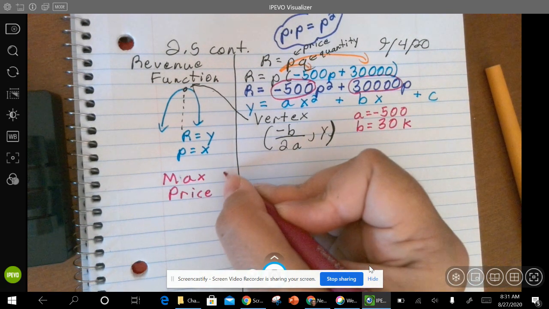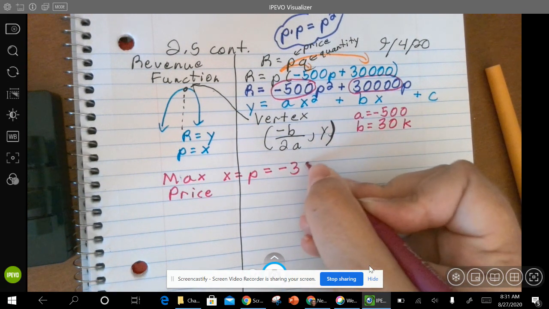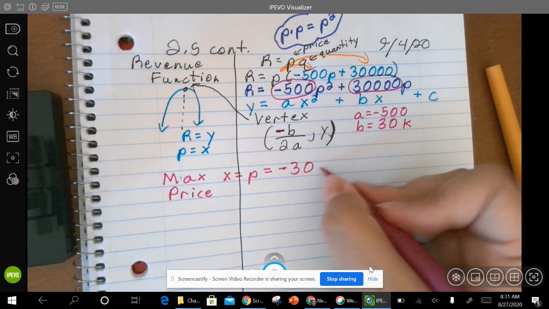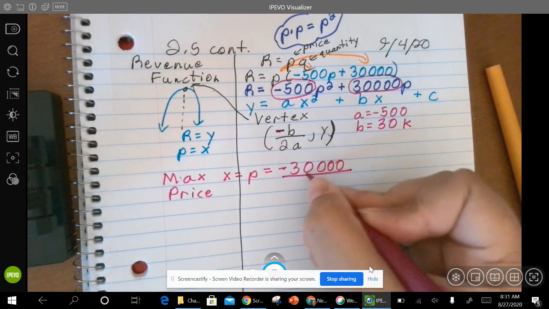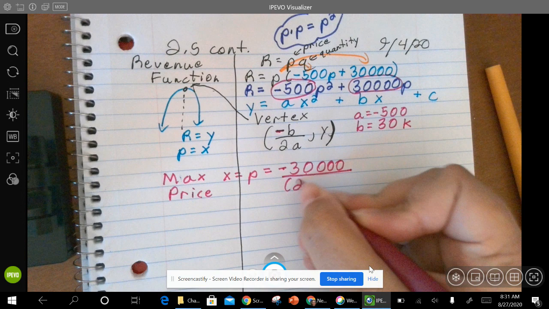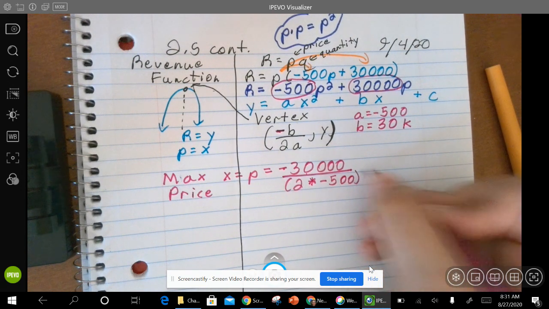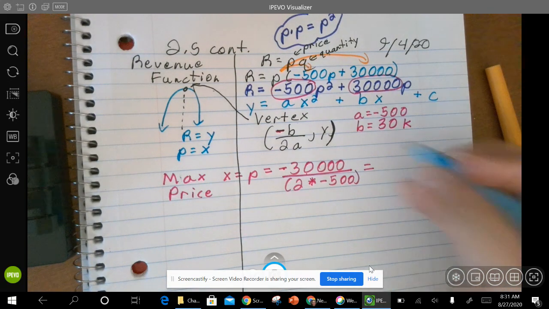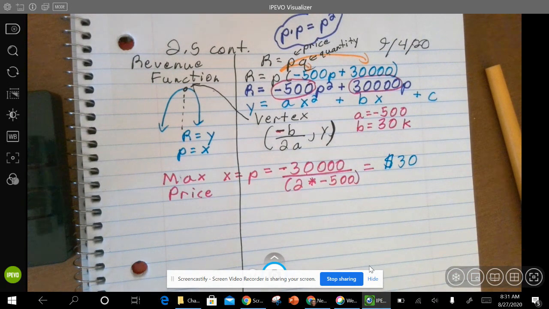Remember, x is equal to the price. Notice it does have a negative here, so I have to bring that down. So negative 30,000 divided by, remember everybody, a fraction is another way to write division, 2 times negative 500. When we multiply those all together, we get $30.